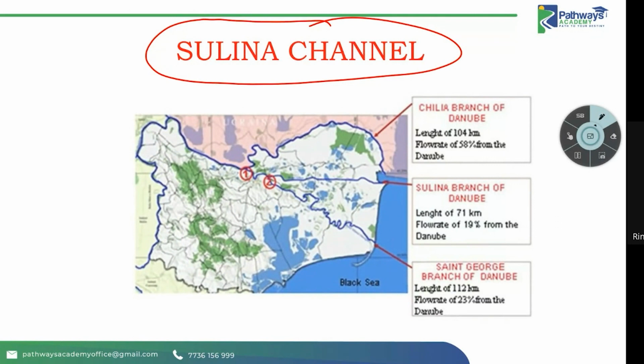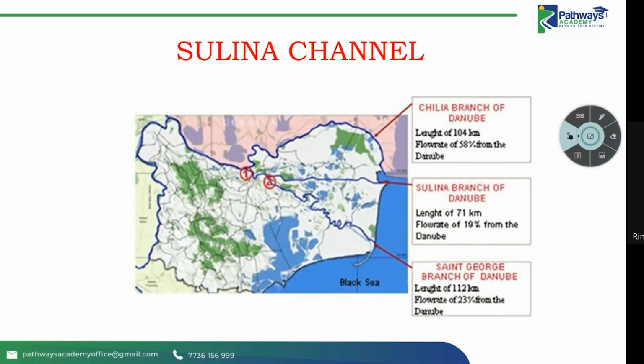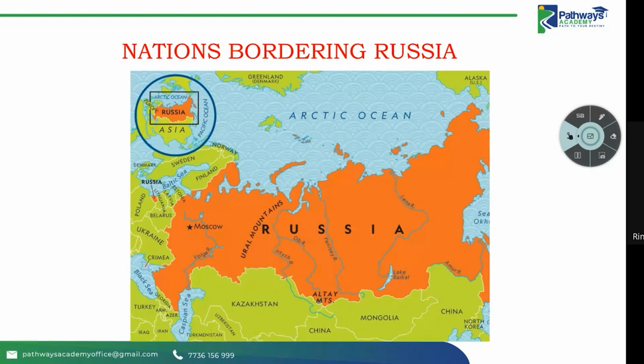Then this war started. Russia backed out of this deal and stopped giving grains to Ukraine. Then Ukraine brought its grain through this Sulina channel, because the Sulina channel is connected to the Black Sea.